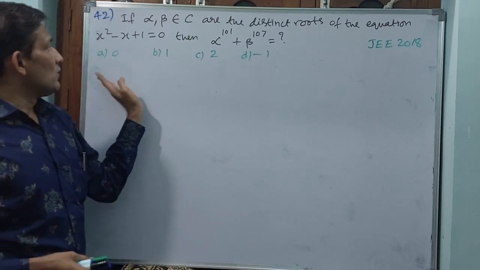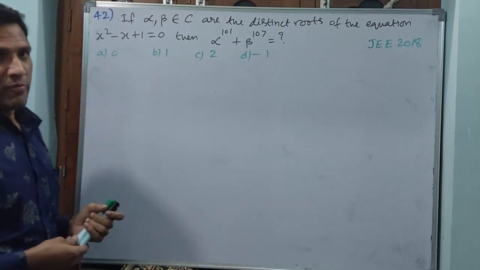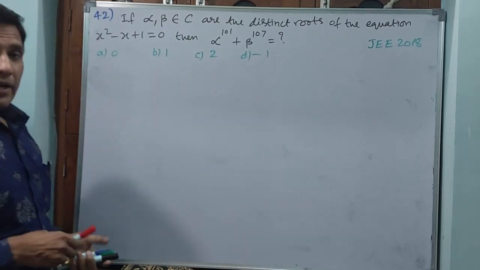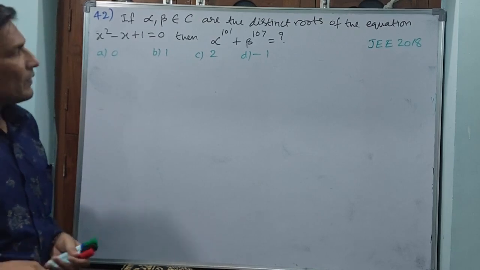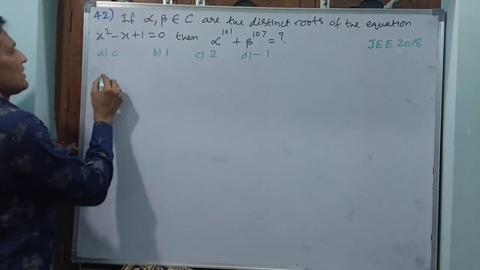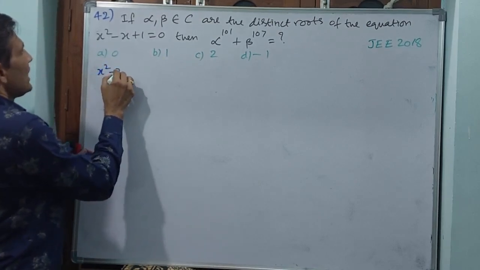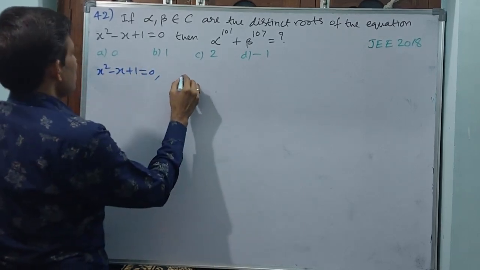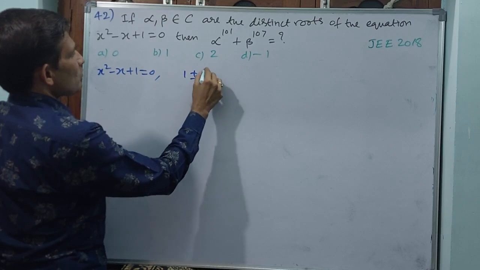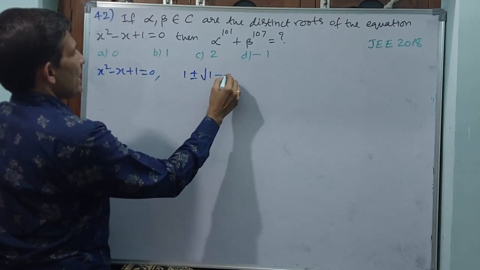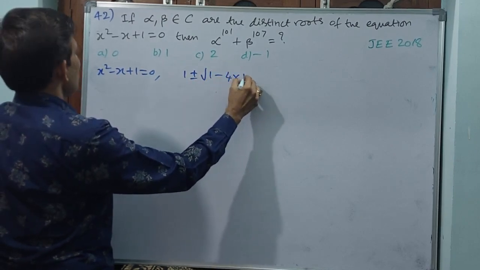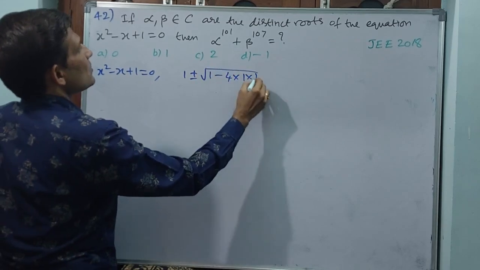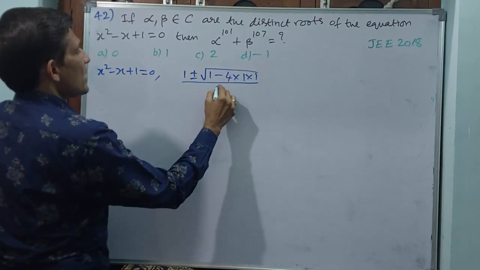Among these four values, it should match. Let us proceed further. We have to solve this equation, x square minus x plus 1 equal to 0. Minus b, that means 1, plus or minus square root of b square, 1 square, minus 4ac, 4 into 1 into 1, divided by 2a, 2 into 1.